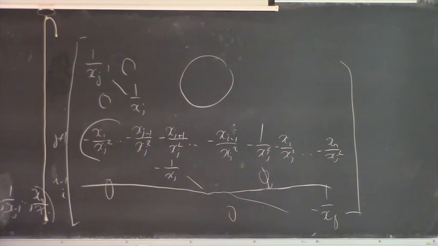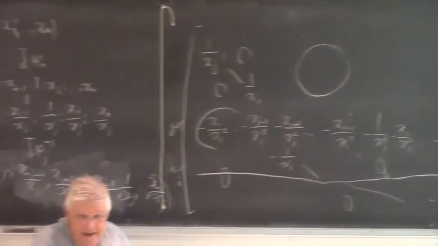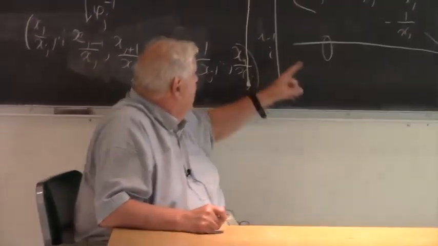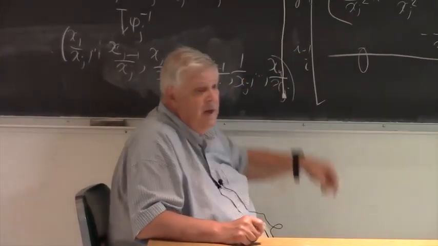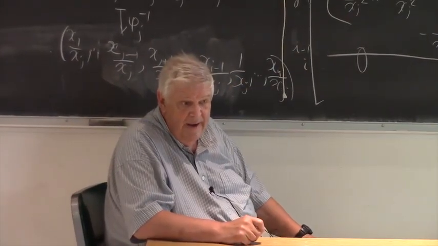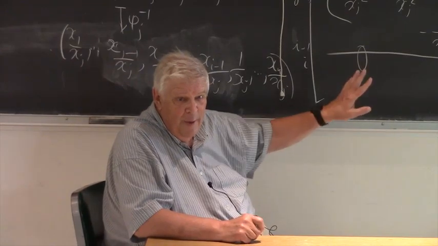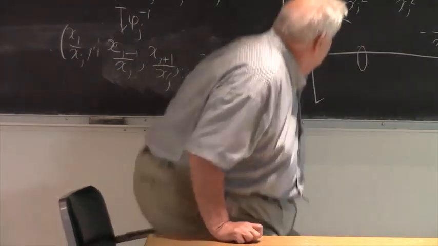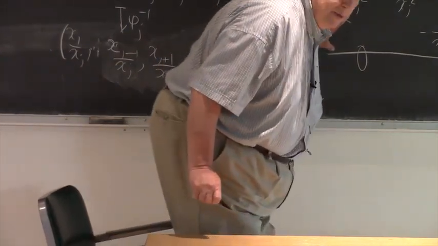What do you think the price of that? -1 to the power of the number of rows in between, right? This number is certainly I minus j minus 1. I hope you believe. The number of rows between these two positions.